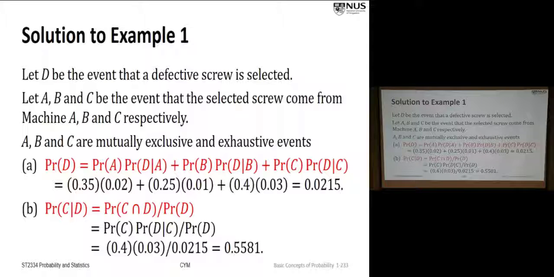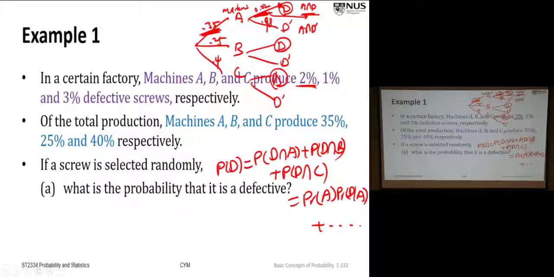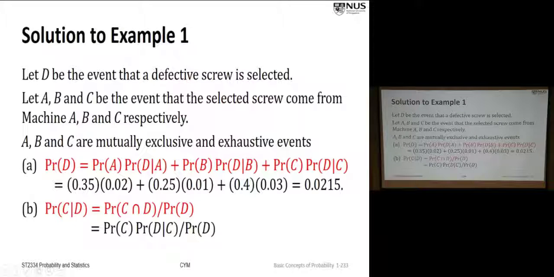The probability of C is 40%. Just select one screw from this production, and there is a 0.4 or 40% chance it is from machine C. But if we know it is a defective screw, then there is a 56% chance that it is from machine C instead of only 40%. All right?